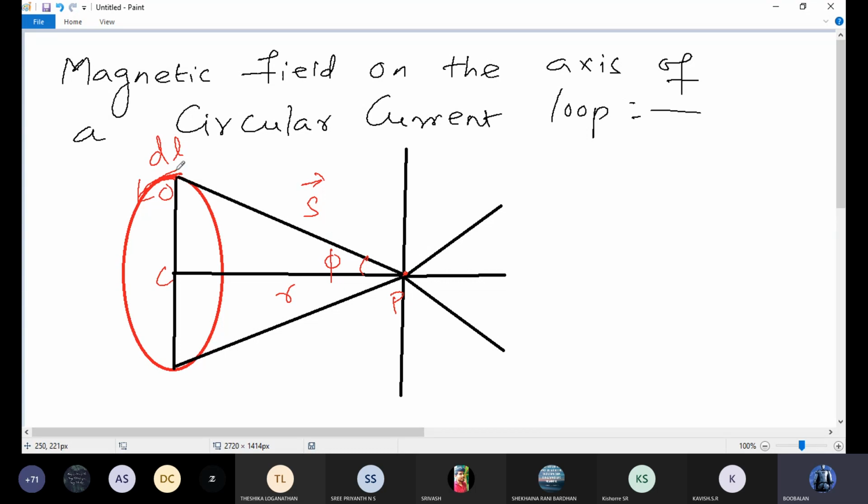The center to O, C to O, is small a. This is Q. This is QS.